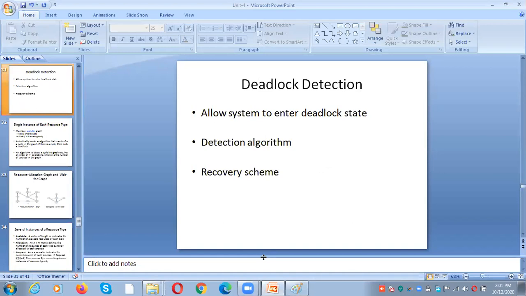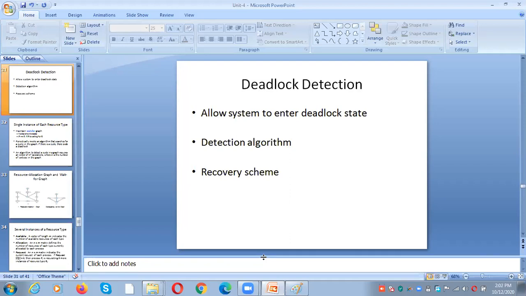The next concept is deadlock detection. So far, we have completed deadlock avoidance using single instance resource allocation graph, Banker's algorithm, and safety algorithm. Now we are going to talk about deadlock detection.